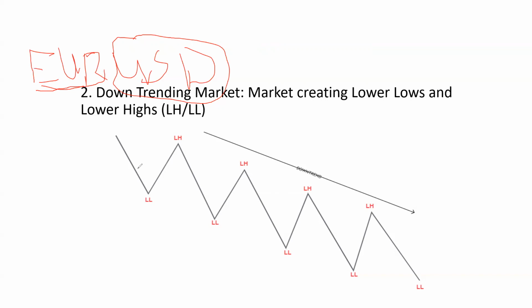Because with Euro USD, Euro being the base currency and USD being the quote currency, if the market was going up, it was in favor of Euro. Now, since the market keeps dropping like this, it is in favor of USD.